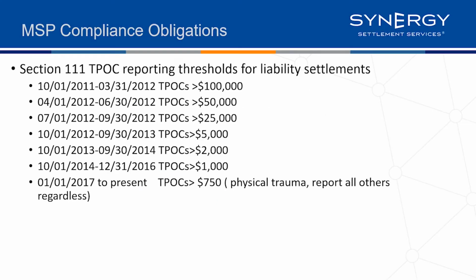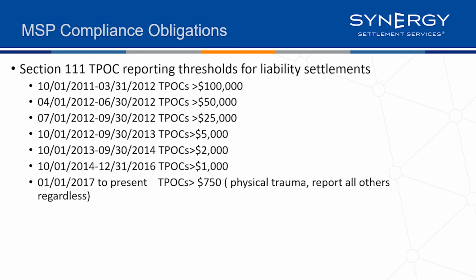The Section 111 reporting obligation, which falls on the defendant in the case and their responsible reporting entity, requires a Medicare report of the total payment obligation to claimant when there is a liability settlement involving a current Medicare beneficiary. As you can see, the dollar amount of the settlement has steadily decreased over the years.